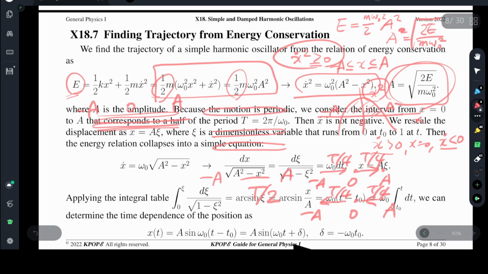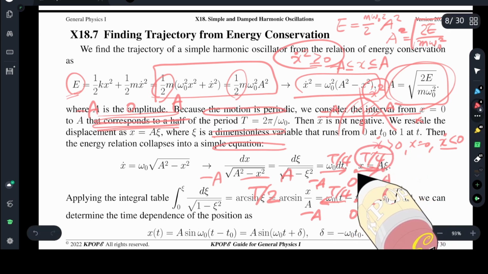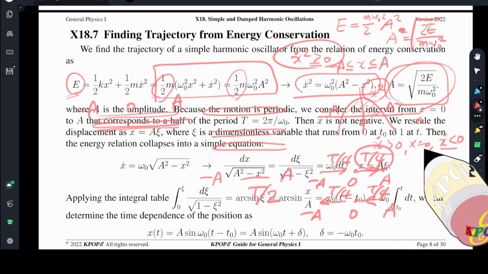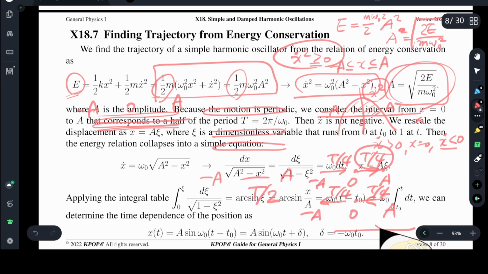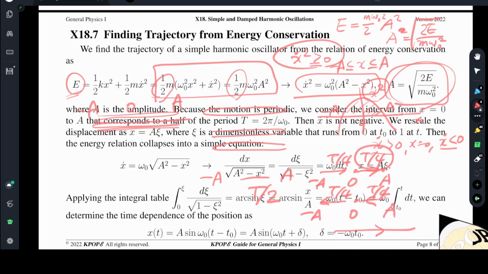So in order to find the period, we compute this one multiplied by 4, then we compute this one multiplied by 2, something like that.